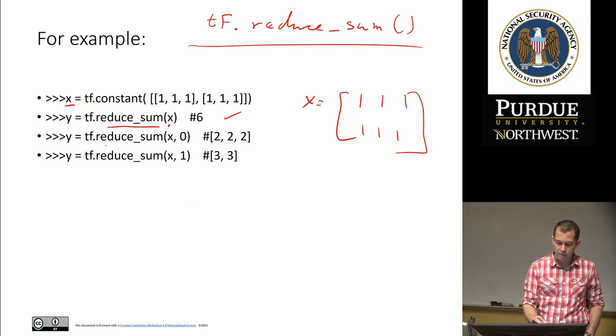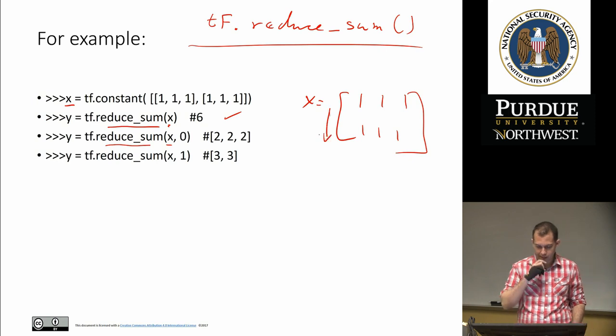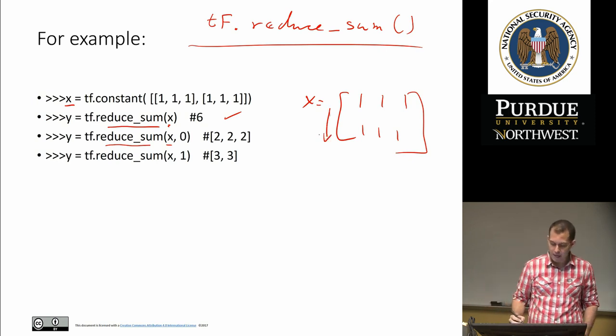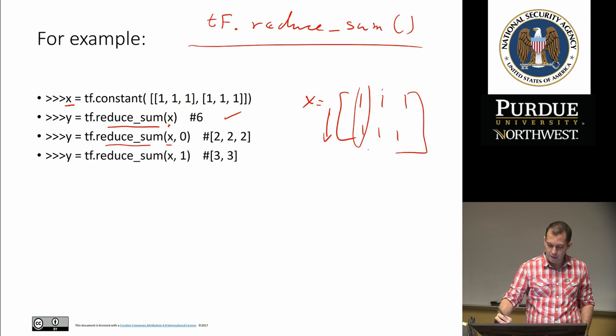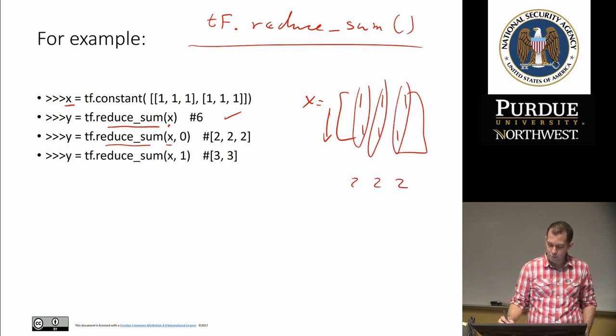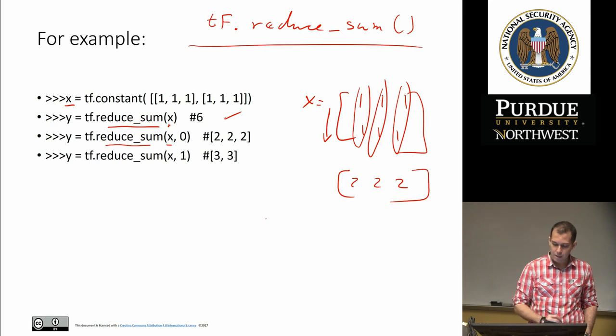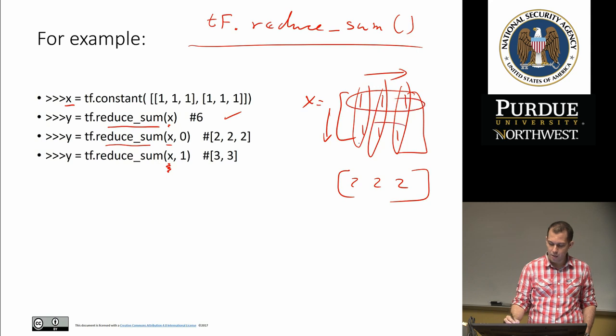If we want to take reduce sum of x across dimension 0, we do it this way, and we end up summing these values, so we end up with 2, 2, 2. Additionally, if we want to do reduce sum of x across dimension 1, that means we're going to sum this row and this row.